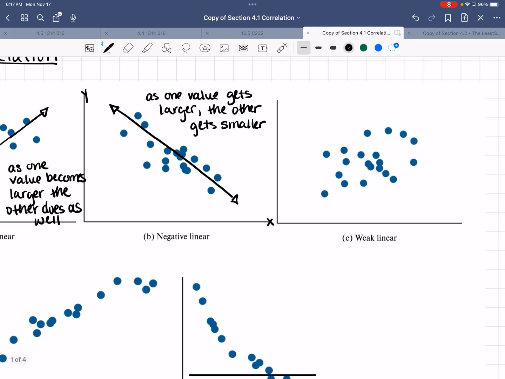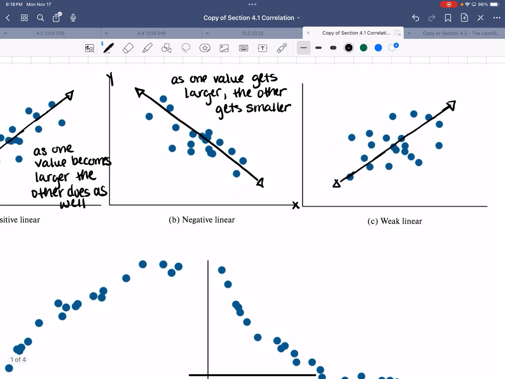Our third picture, they're classifying as linear. It is weak because you can't tell real well that it actually is positive and linear. It's kind of going up, but it's a little all over the place. So we call it a weak linear. It wouldn't be negative, it's going to be positive.